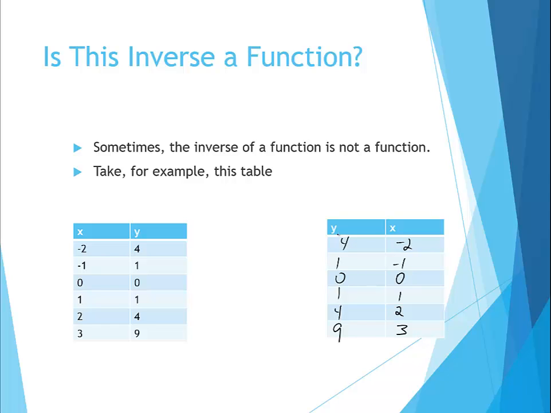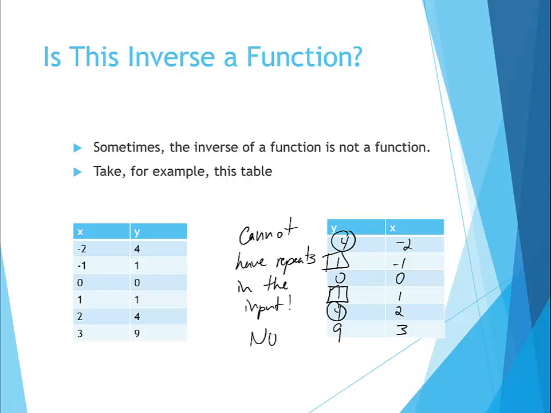So keep in mind, if you find the inverse of your table and you have the same number in your input, so here we have 1, 1 and 4, 4 in your input, it is not a function. Cannot have repeats in the input. Not a function.